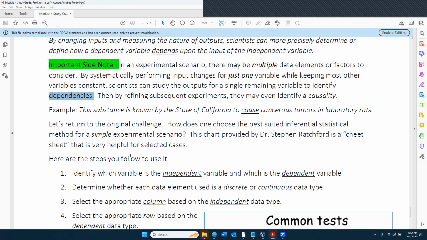That's where they can begin to understand, hey, there's a connection here between this particular data element or quantity, and while it's changing, we have other things playing out over here. When you refine those experiments, you can even get to the point where you identify cause and effect, or causality.